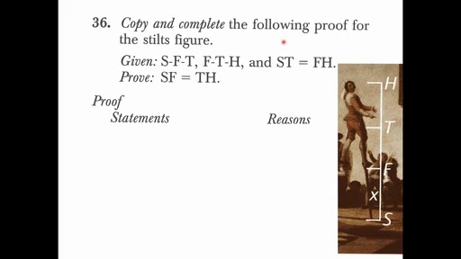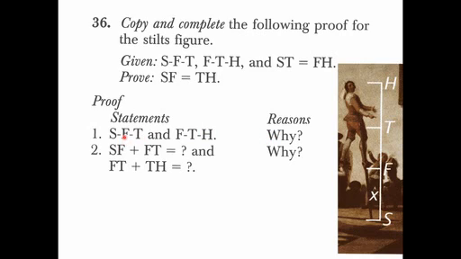That's our thought. So you're supposed to give reasons for these proofs. First of all, we've got some points that are between others. Looking for a reason. Now once we know it's between, we're suggesting that SF plus FT equals something. Fill in the question mark and then give a reason.